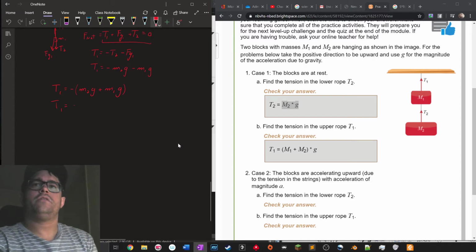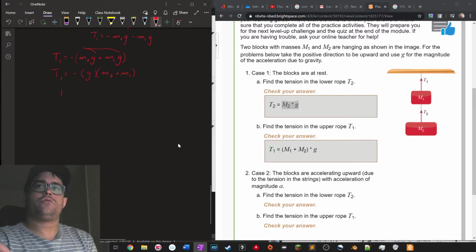So T1 is minus. So what can we put? What can we group here? So basically G and G can kind of go outside of the bracket. And we're going to end up with G outside and M2 plus M1 inside.